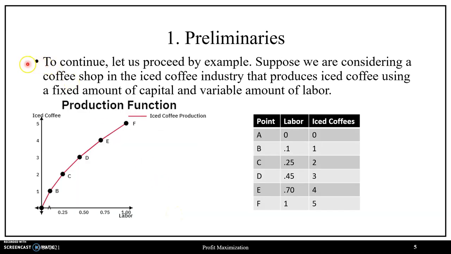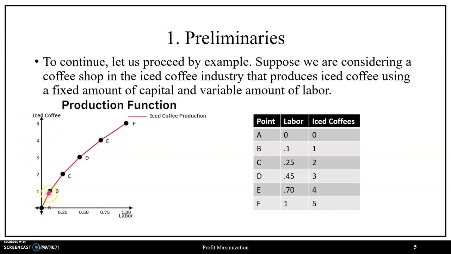With this information in mind, let us proceed by example. Suppose we are considering a coffee shop in the iced coffee industry that produces iced coffee using a fixed amount of capital and a variable amount of labor. We have their short-run production function below, with labor on the horizontal axis as the percentage of the labor force being used, and output on the vertical axis in terms of iced coffee produced.